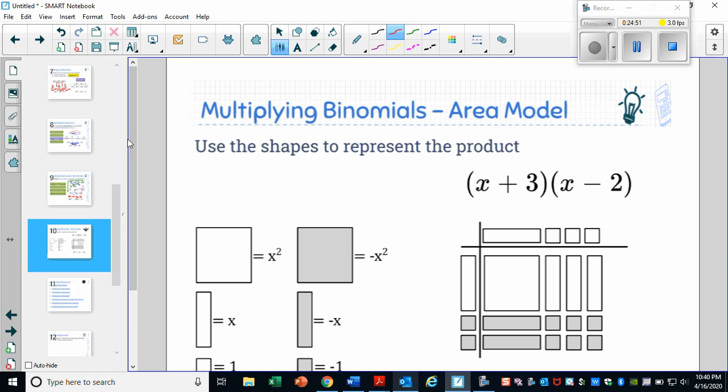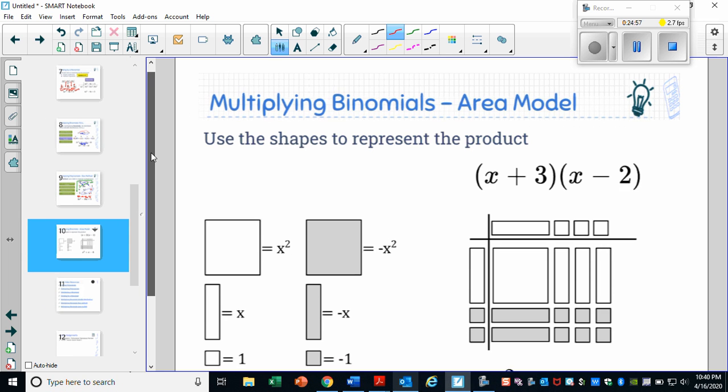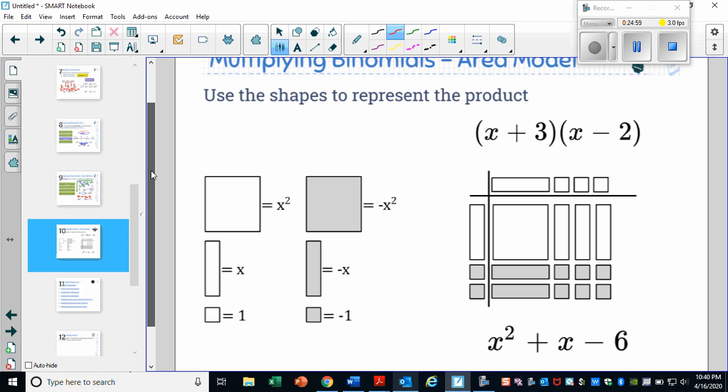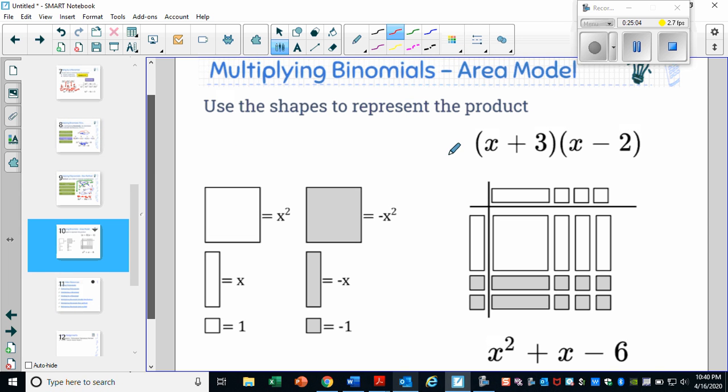Now, multiply binomials using the area model. Now this one we haven't really used too much, but it's sort of similar to the box method, where what you do, these small rectangles are your x's, and then these little squares are positives, in this case positive ones, and then again, you have another positive rectangle, and then you have negative ones.